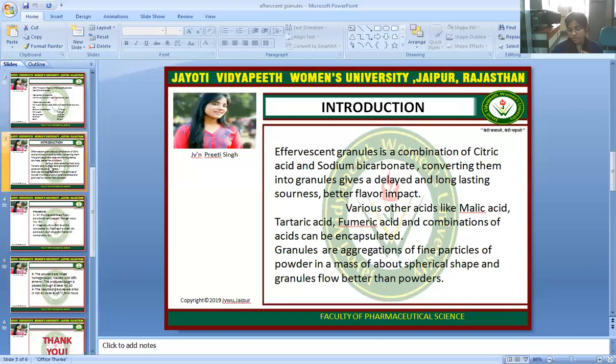Effervescent granules are mainly dissolved in water. Sometimes we create floating effervescent granules, where the granules float.